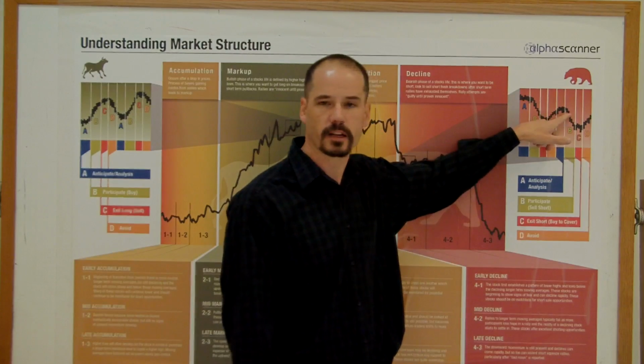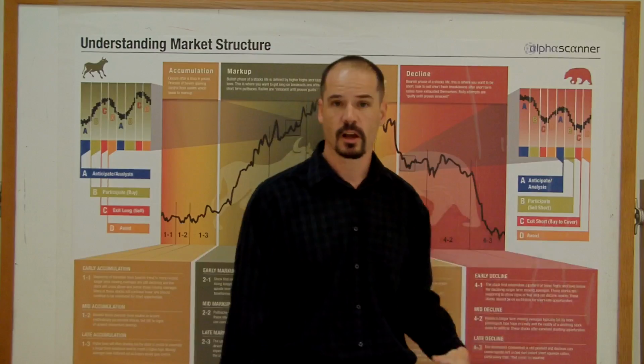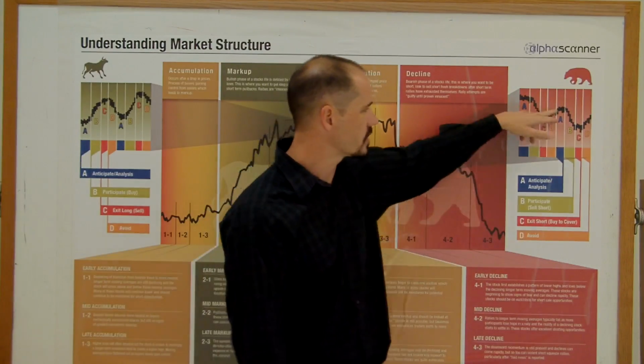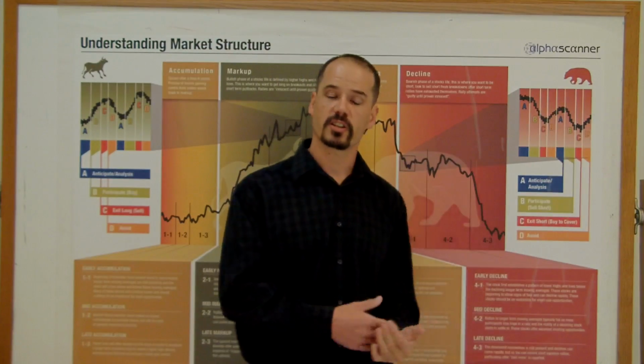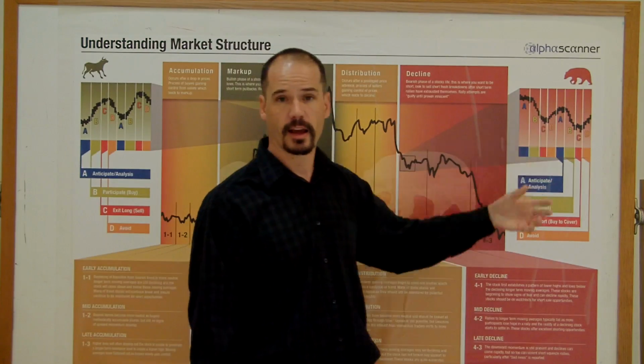As it breaks down, make a lower low, I'm going to set my stop up just above that most recent lower high. Because if it reverses up through that lower high, well, the definition of our downtrend is no longer intact. We now have a higher high, and obviously we don't want to be short if the stock's making a higher high.